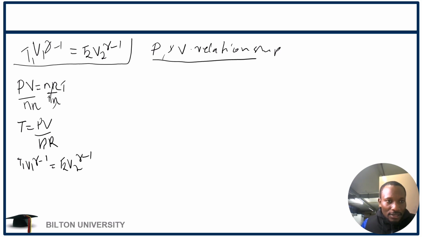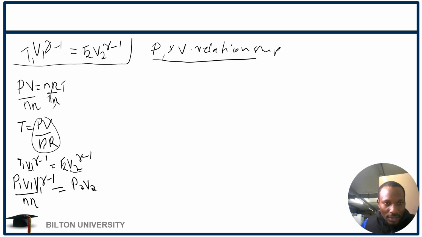In case of T1, we can replace every T1 by this equation, and say at T1 we'll have P1 V1 times V1 to the power gamma minus 1, everything over nR, is equal to, at final temperature, P2 V2 times V2 to the power gamma minus 1 over nR.